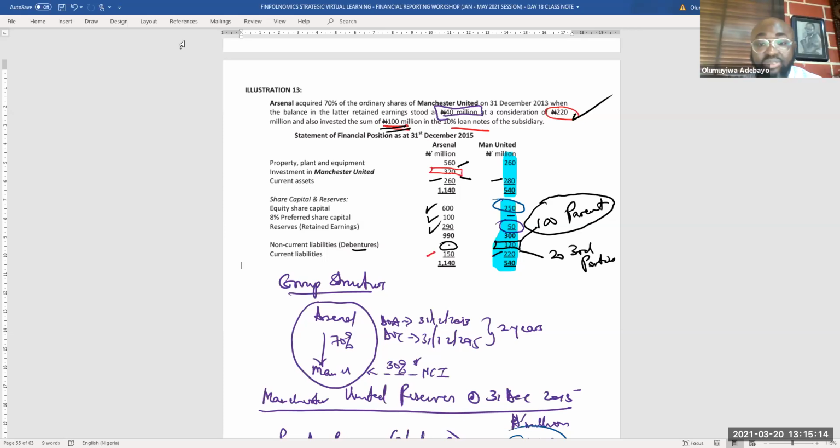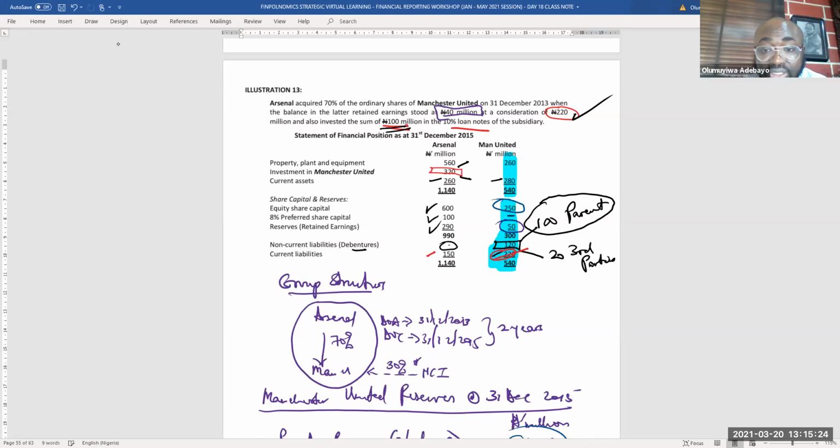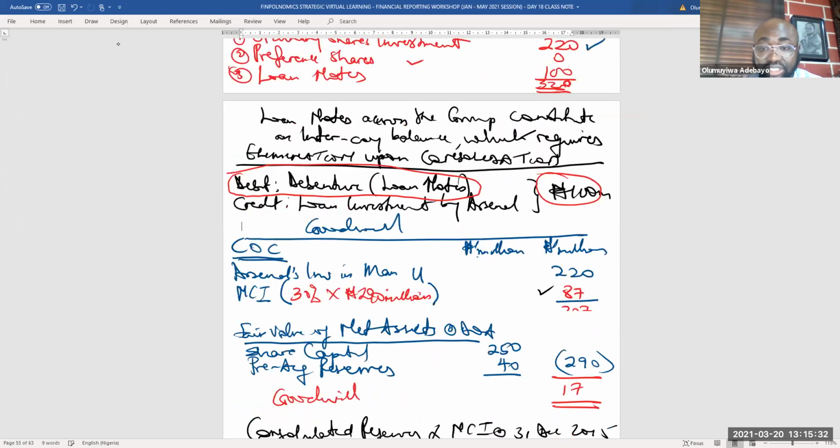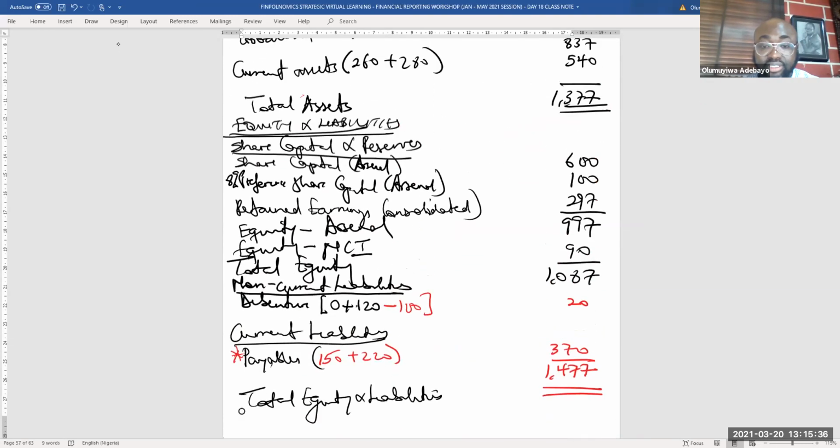Okay, now this is not 220. Exactly. It is 120. This amount is not 220. It's supposed to be 120 to arrive at 540. Therefore, you can change it from your own side.